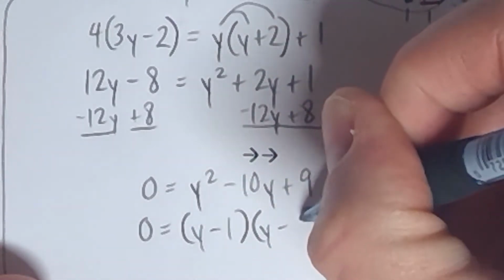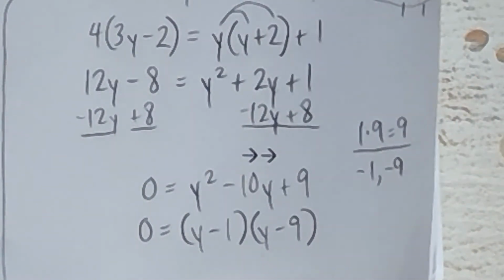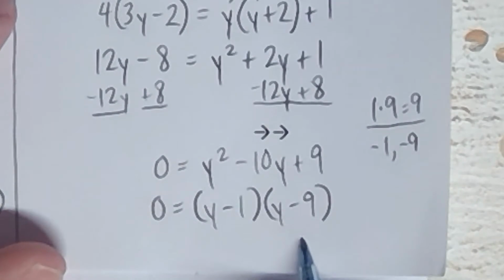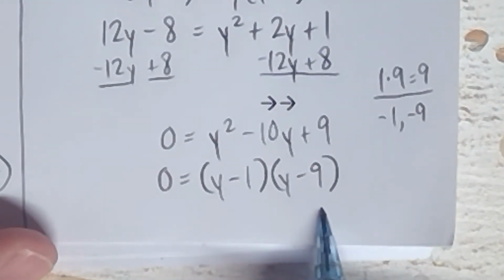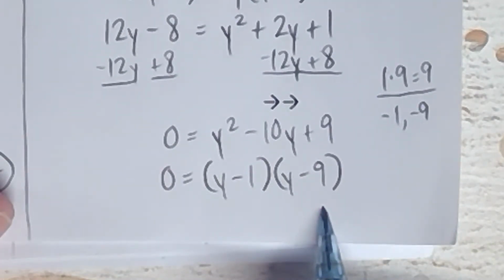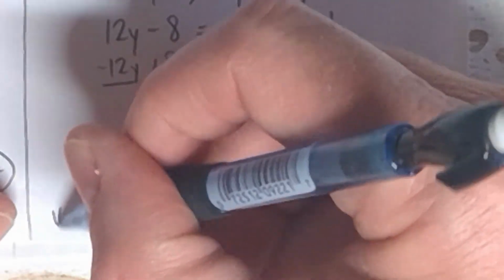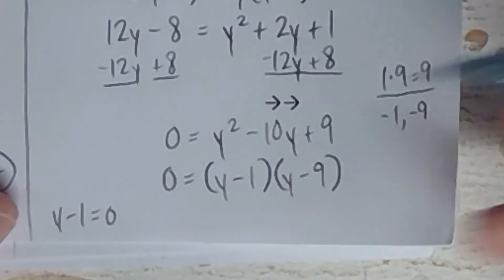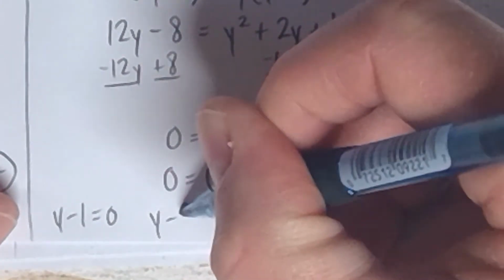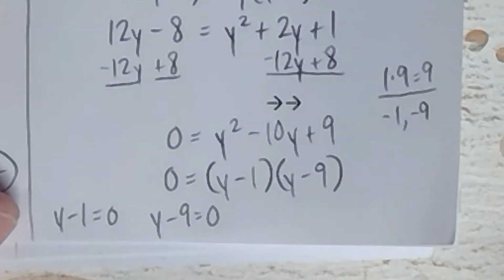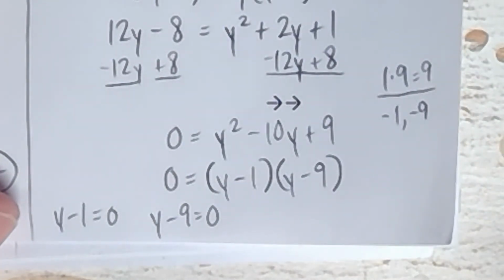You don't need to do the last step of the Berry method here, because that's not going to change the brackets like it sometimes does. We then set these brackets equal to 0. And what are those two answers there? If I solve those two equations, what do I get?